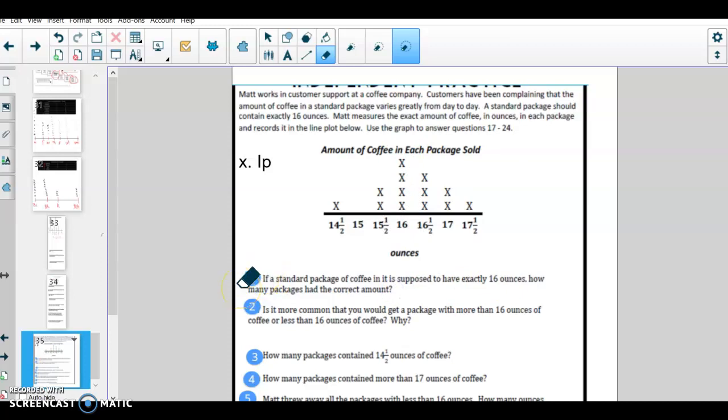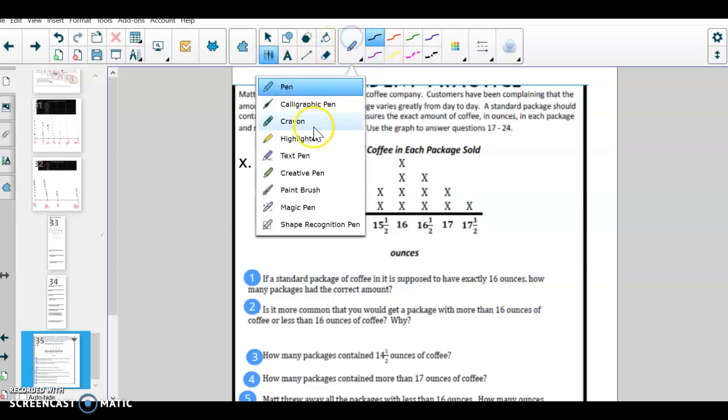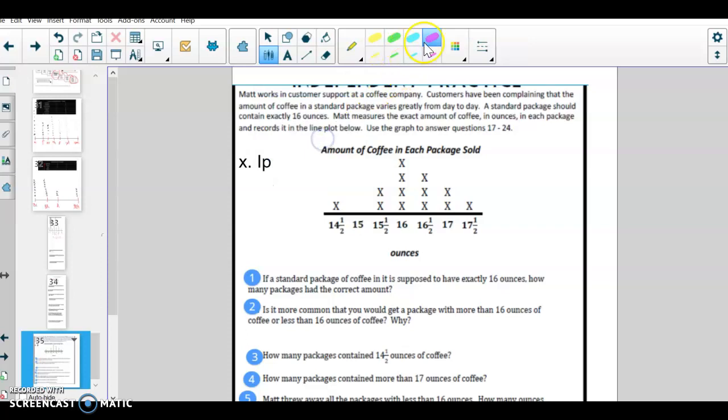Is it more common that you would get a package with more than 16 ounces of coffee or less than 16 ounces of coffee? So remember, this is our exact mark. The exact amount that the company wants is 16 ounces.